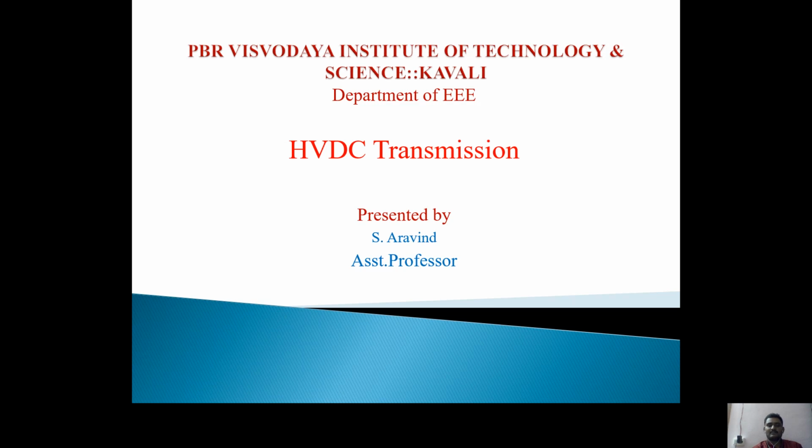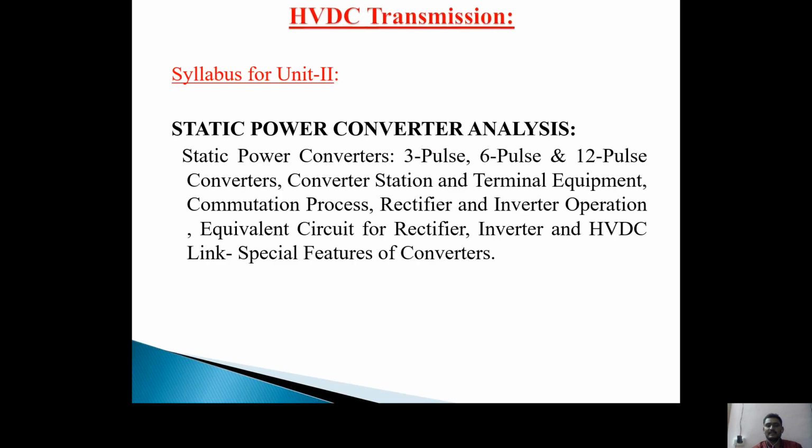Firstly, I will tell you how many topics we are going to cover in this chapter. First, I will cover the introduction to the static power converter, and after that the static power converter analysis.